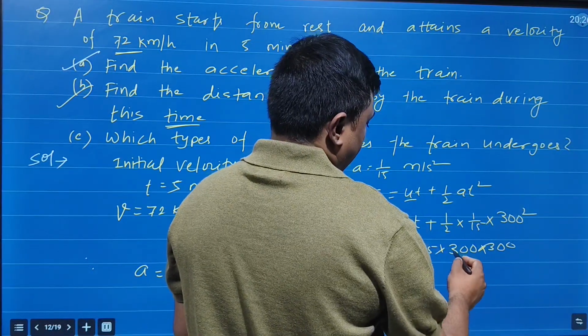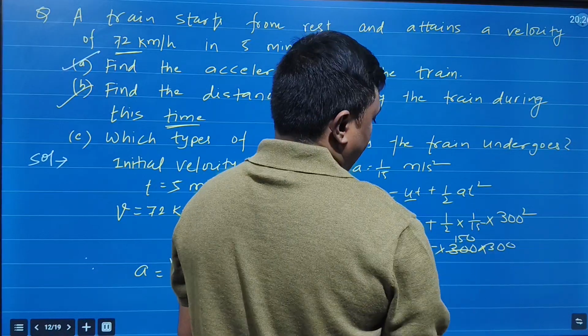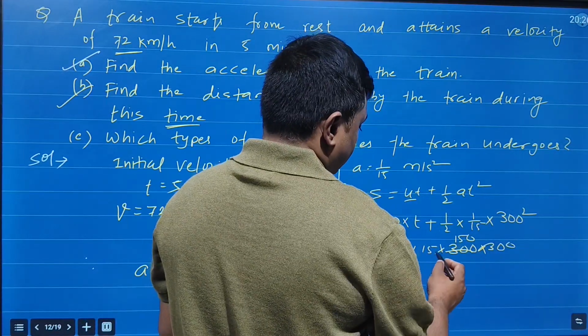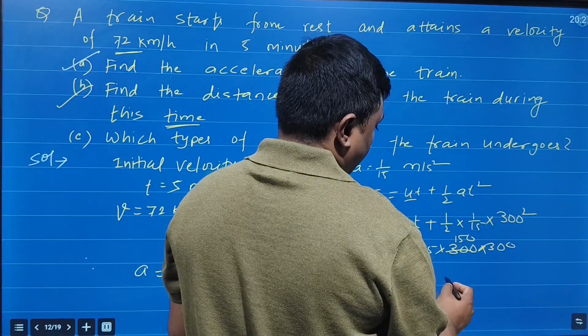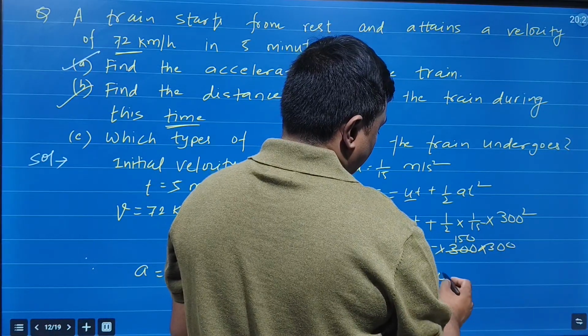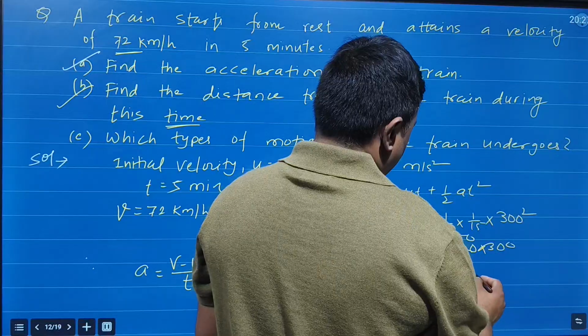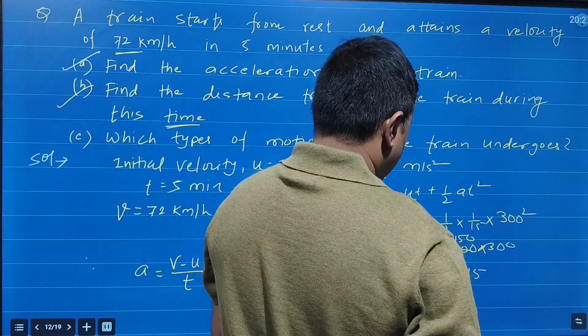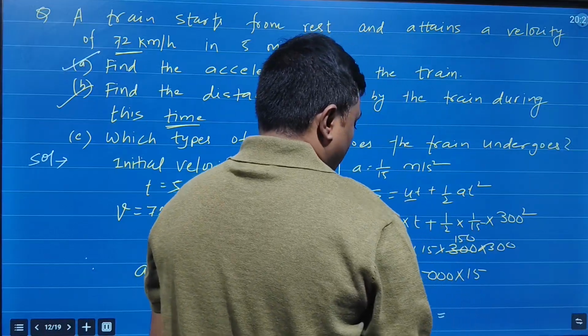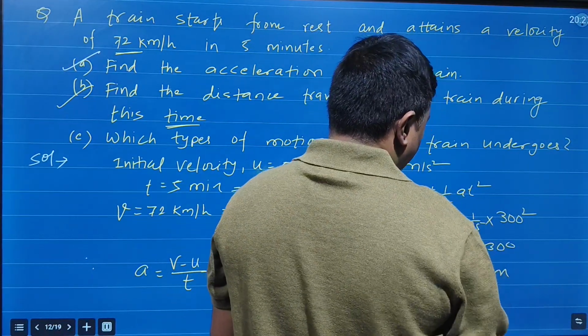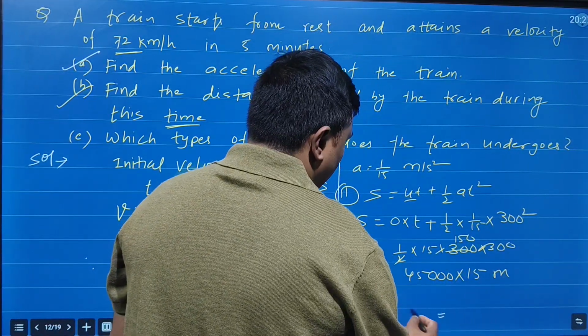Now we can cancel this. 150 times right now. So 15 times 3 is 45, and this gives 45,000 into 50. This is in meters. To convert into kilometers you have to divide by 1000.